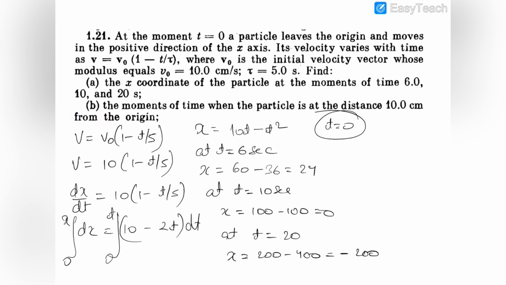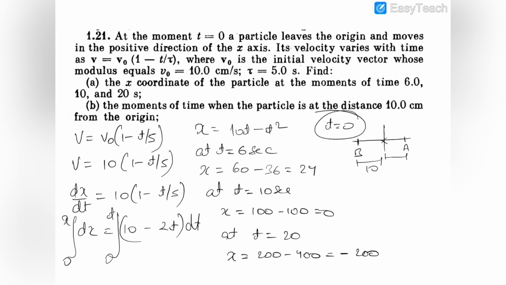So now the moments of time when the particle is at a distance of 10 centimeter from the origin. At a distance of 10 centimeter from the origin, it can be at 2 points A and B if it is moving only on the x-axis. So it is either this is 10 or this is 10. So x could be either plus 10 or minus 10.